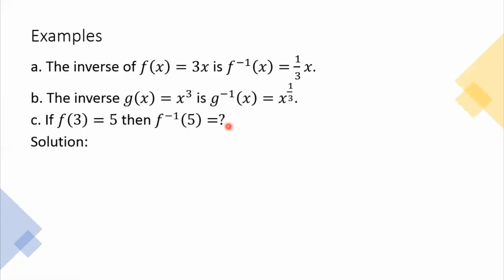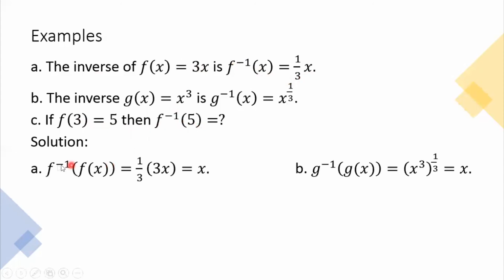First, we are going to show that the inverse function of 3x is 1/3 x. How? We start with f inverse of f of x. We have to show that f inverse of f of x is equal to x, and f of f inverse of x is equal to x. Okay, start.